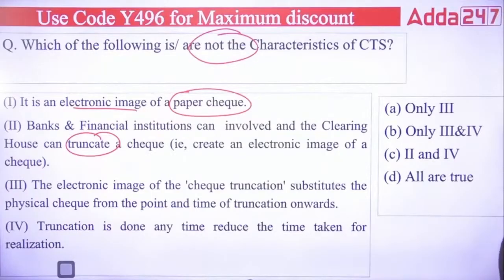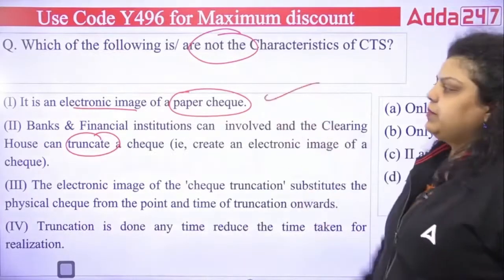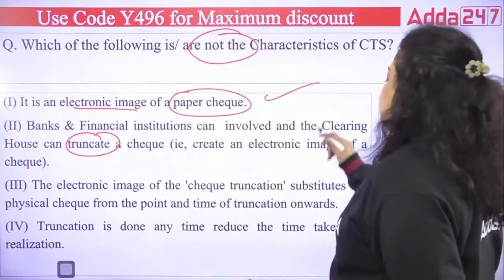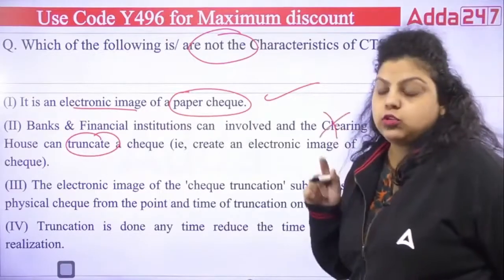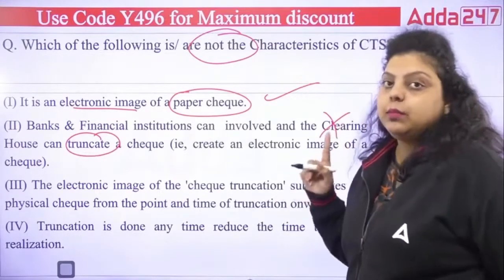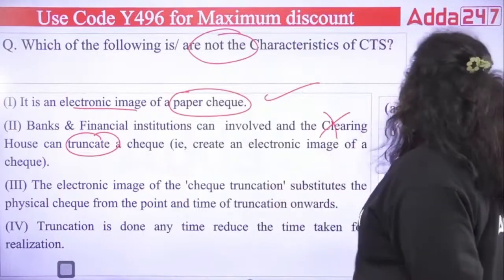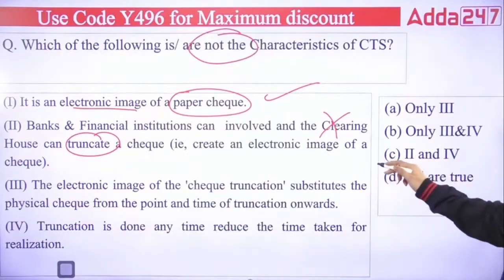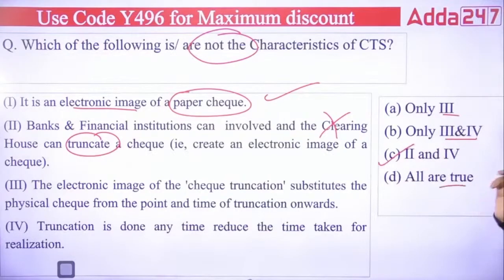When we talk about CTS, it is actually an electronic image of a paper check. This is true. If I'm talking about the second one, the clearing house cannot create an electronic image; it will be done by the bank only. So the second is wrong. If the second is wrong, the option is clear. It will be C, because no other option has the second in the incorrect part.